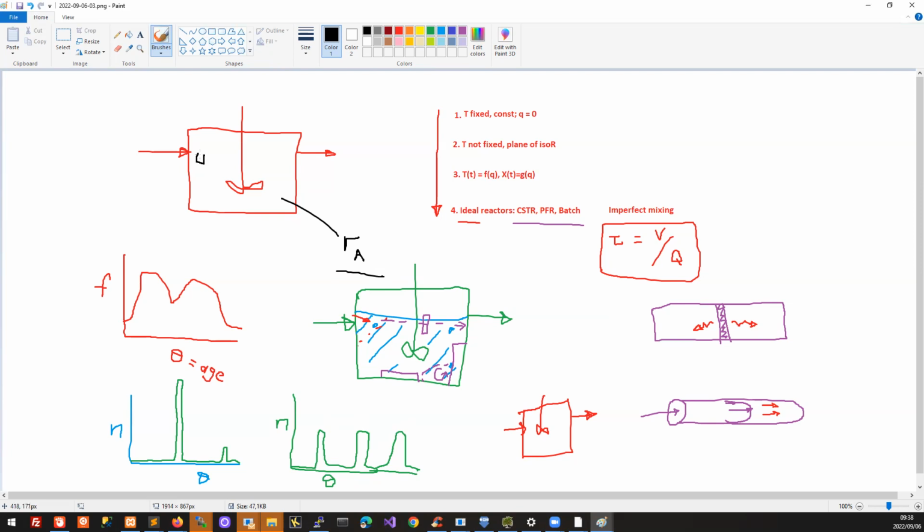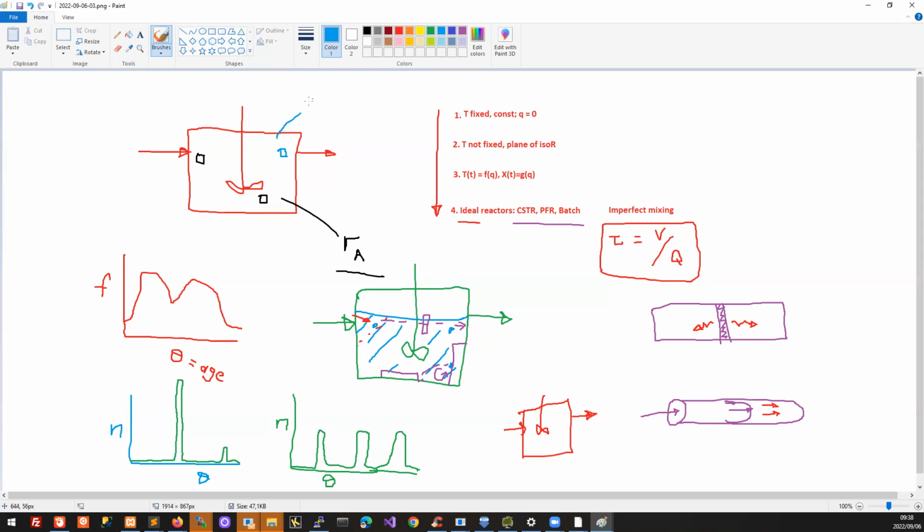For the packets of fluid that have spent a greater period of time in this reactor, there is a greater conversion in those. For the packets of fluid that zoom straight to the exit, they haven't spent much time converting, so they will be converted to a different extent.